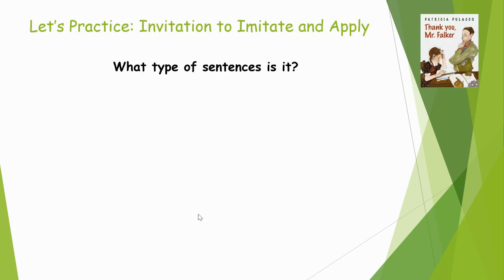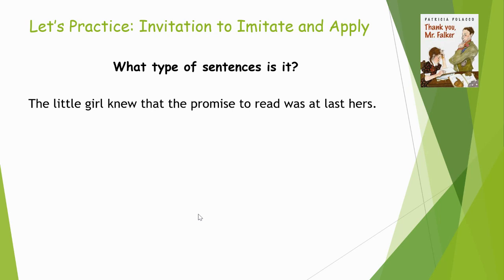So let's review our previous sentences and see if we can identify what type of sentence they are. The first one, the little girl knew that the promise to read was at last hers. If we review and remember what we talked about, there's two types of sentences that would end with a period.